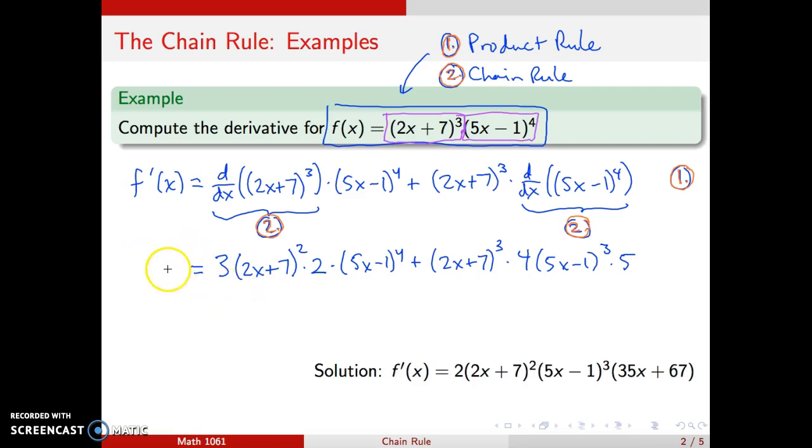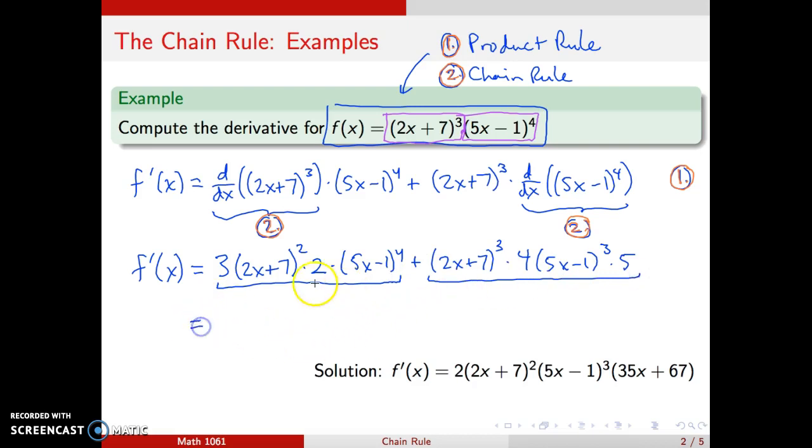Perfectly fine answer here. We've got f prime of x, not very clean or easy to deal with. So to get from here to the solution that I have posted is just a matter of being careful and clever with your factoring. So I guess what I could do is, I've got two terms in the sum here.